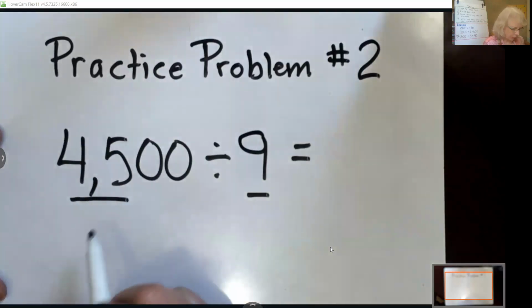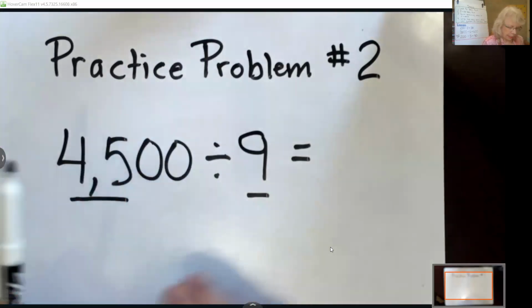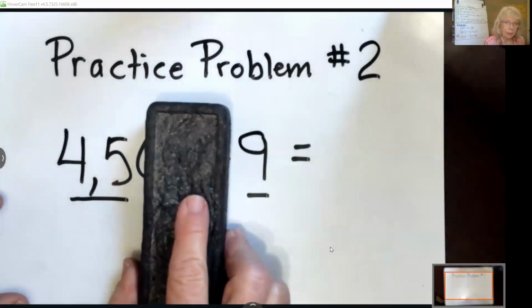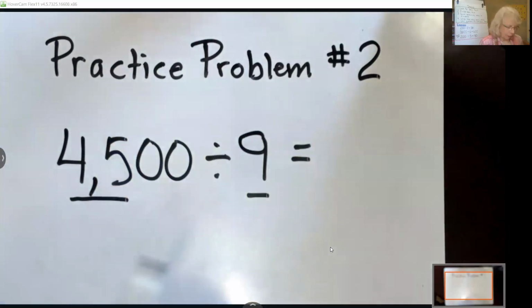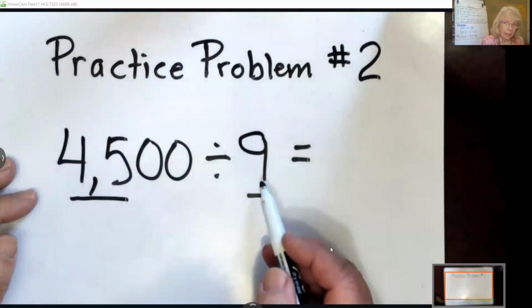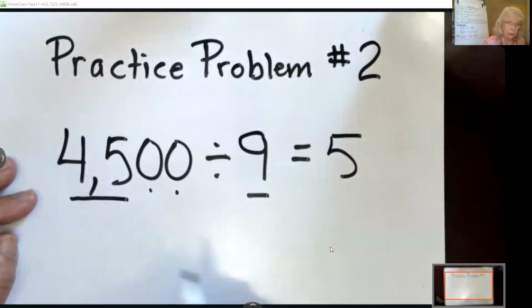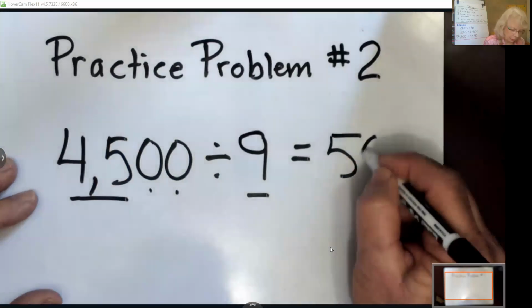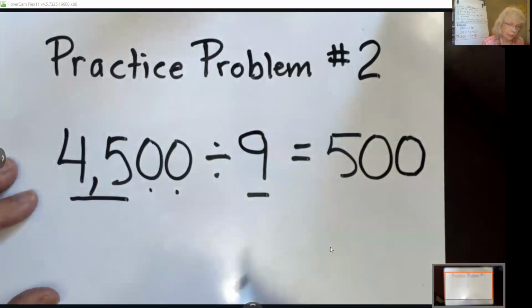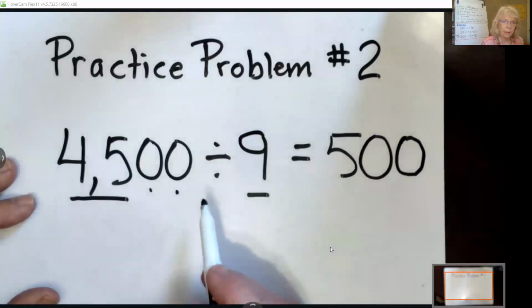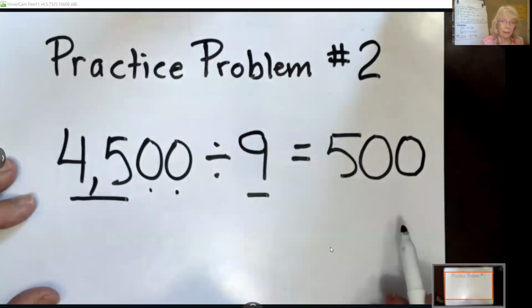That comma might throw you off, but in there is a 45 if you cover up the 2 zeros. So 45 divided by 9 is 5. Now we have 2 zeros that we're counting, so we're going to add those 2 zeros over here. So 4,500 divided by 9 equals 500.